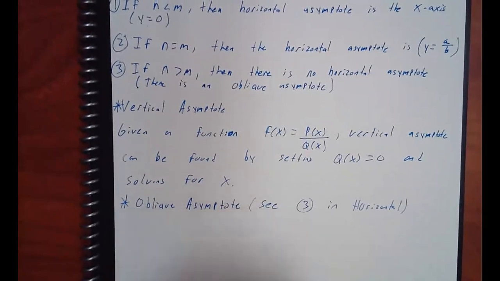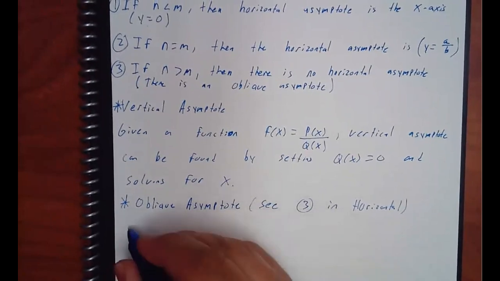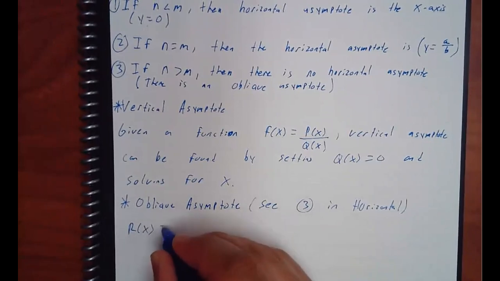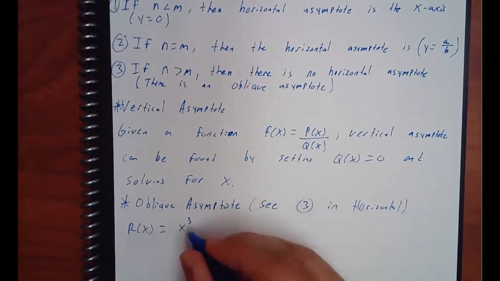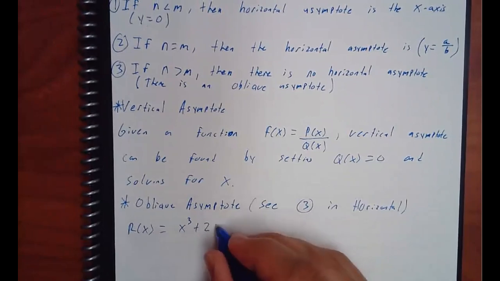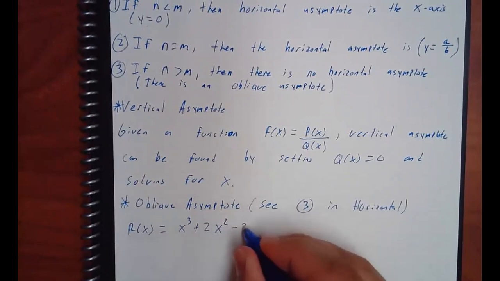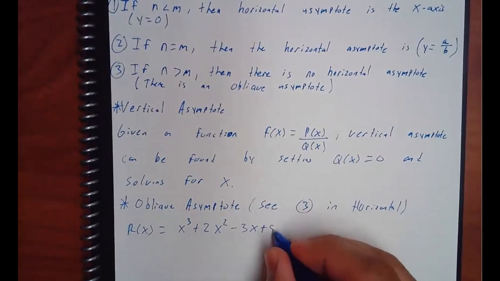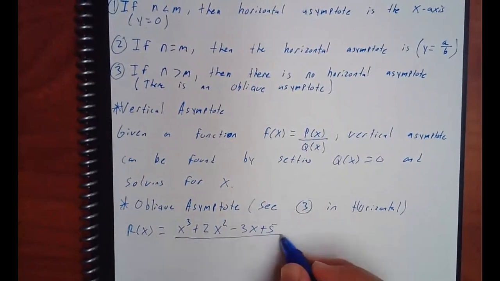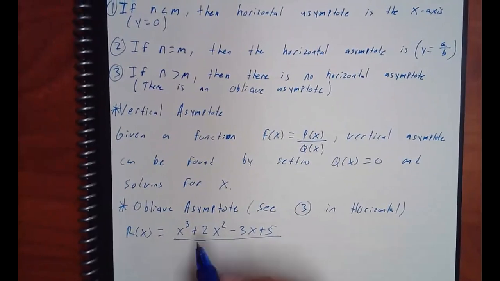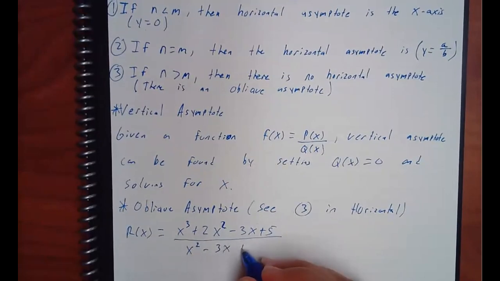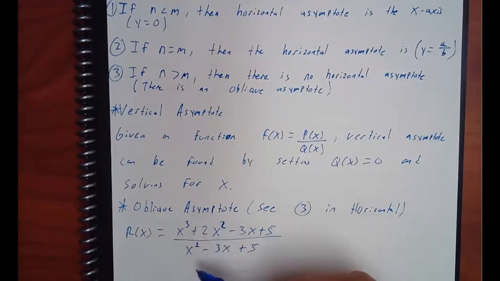So for example, I'm not going to show all the work, it's just a quick example. If you have a rational expression equal to this, and then we'll move on to real examples. Let's say you have something like this, x cubed plus 2x squared minus 3x plus 5 over x squared minus 3x plus 5. Notice how the degree on the top is bigger than the bottom, right? The top is 3, the bottom is 2.